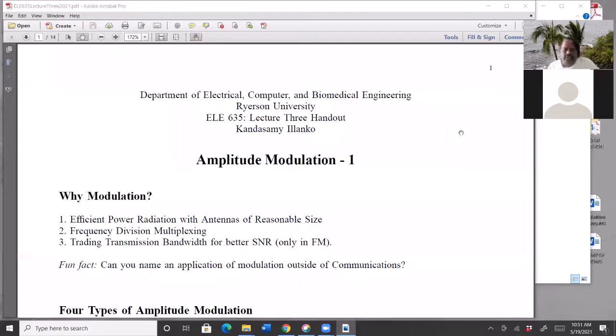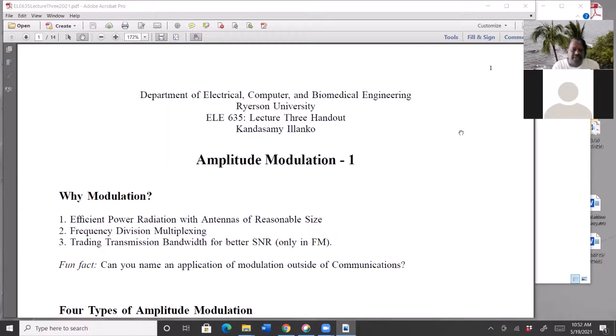Okay, so we are going to start amplitude modulation. I already explained the reason we use amplitude modulation is efficient power radiation with antennas of reasonable size. Also, we often use frequency division multiplexing, which I talked about.